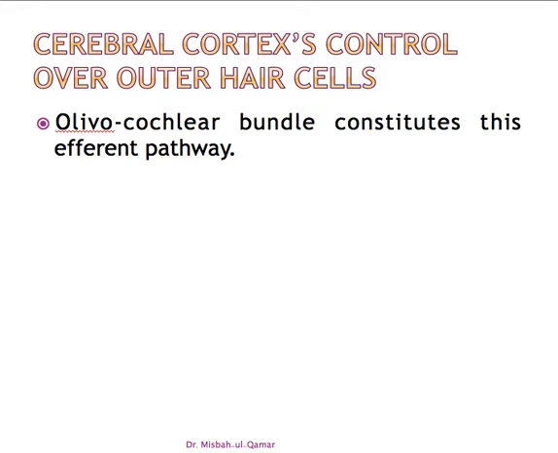The olivocochlear bundle originates in the superior olivary nucleus, and that constitutes the efferent pathway which terminates on the outer hair cells. Now, this efferent pathway gives a mechanism by which the cerebral cortex controls the input of outer hair cells to the cerebral cortex.